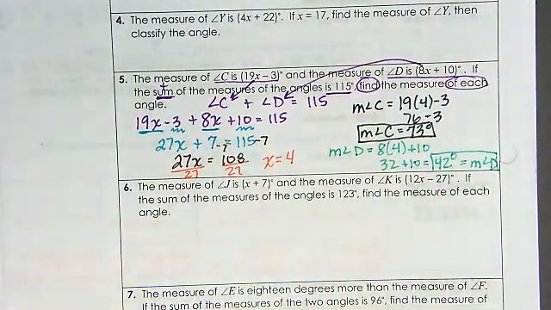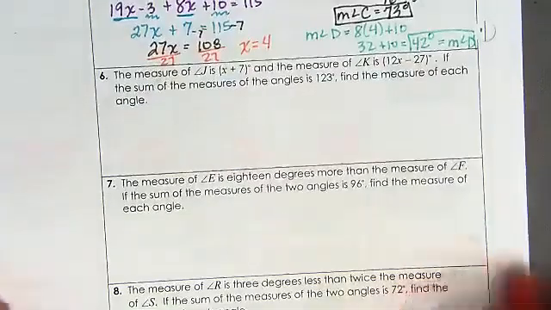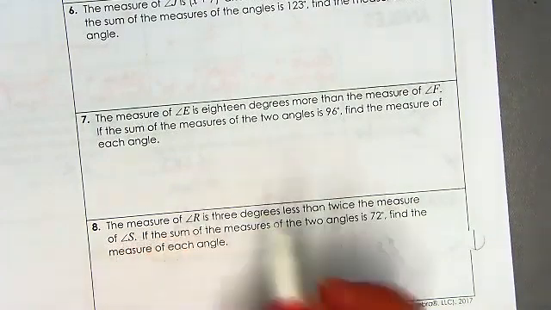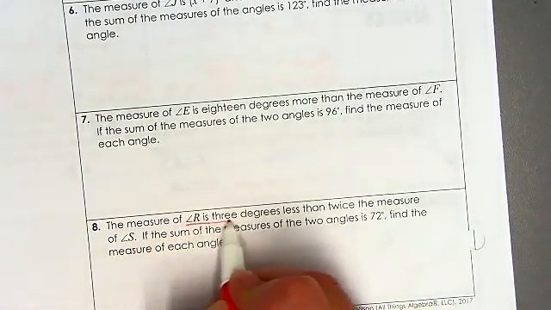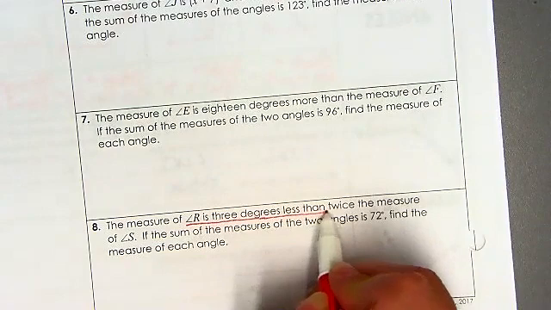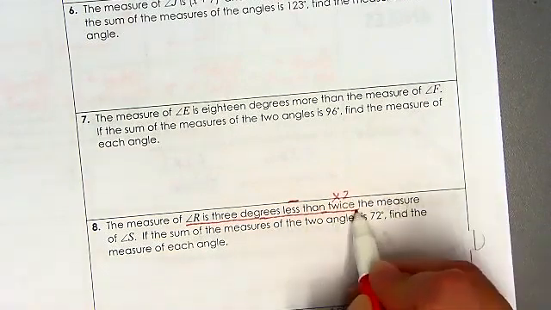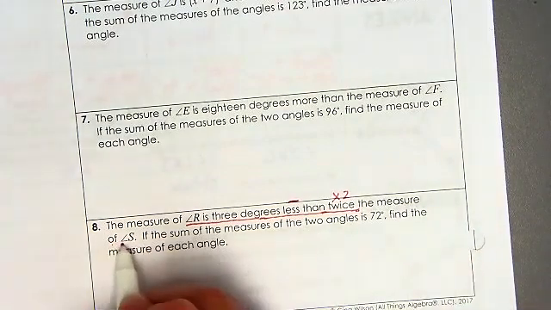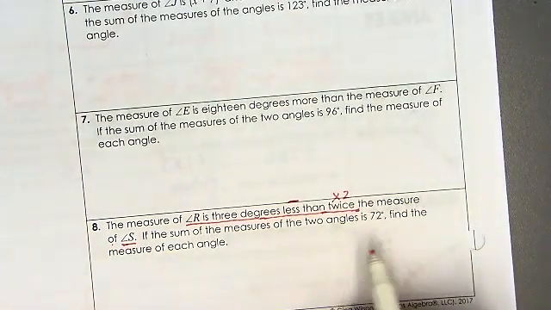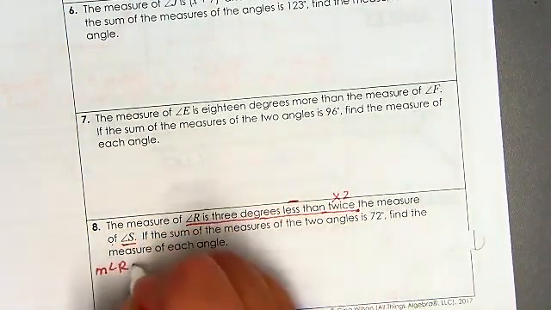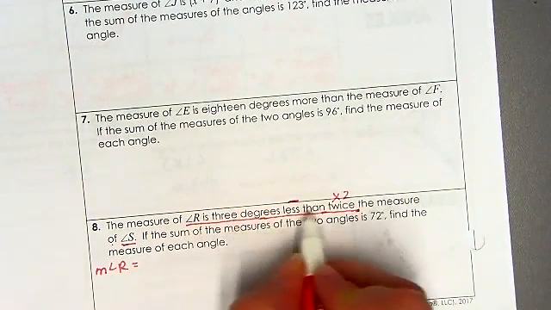Okay. One more example. Here we go. Number 8, try and work some of every type so that you're kind of exposed to things. So number 8, the measure of angle R is 3 degrees less than, which means subtraction, twice, which means times 2, angle S. So the measure of angle R equals 3 degrees less than.